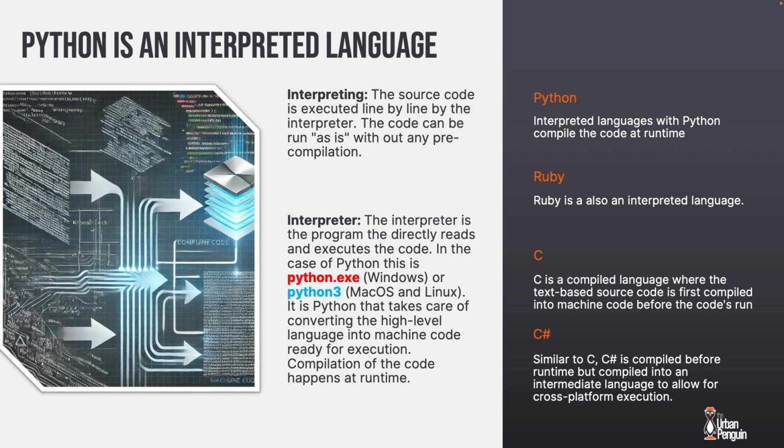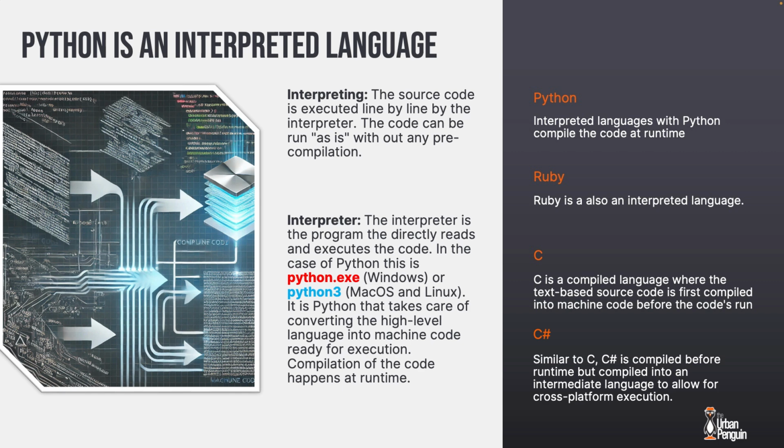It's compiled into an intermediate language. The intermediate language is going to be read by the .NET framework on each of the target machines, allowing for cross-platform operation. With C code, I have to compile for Windows, and I have to compile for Linux, and I'd have to compile for Mac OS.